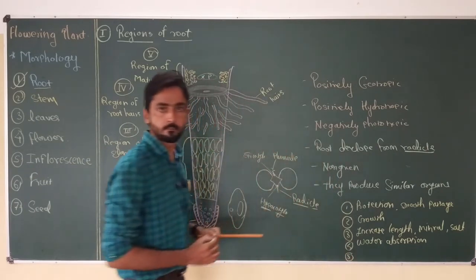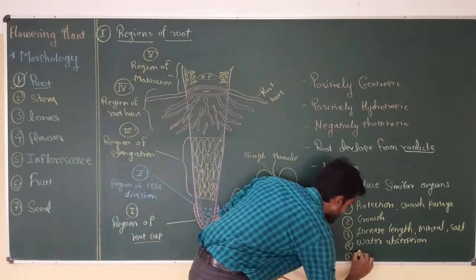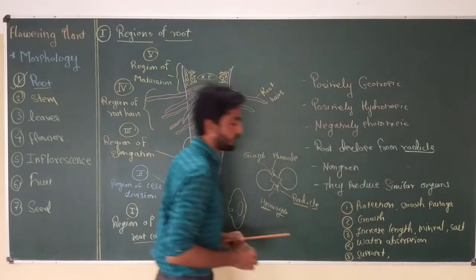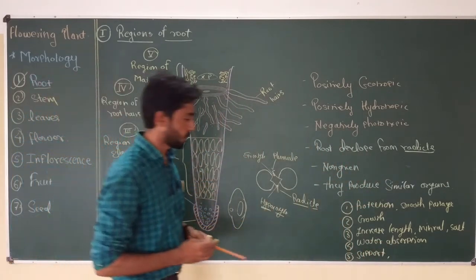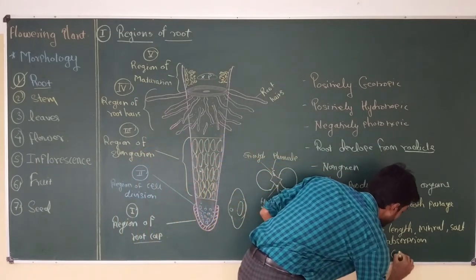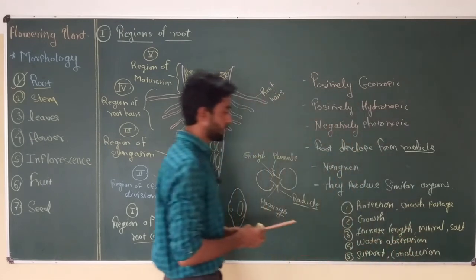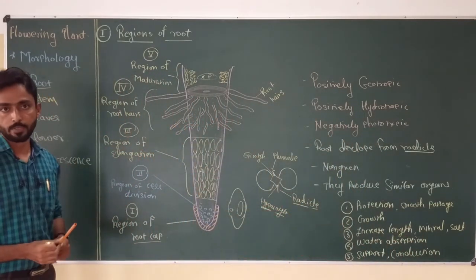Number 1 is anchorage of the plant body in the soil, that is support. And second, conduction of absorbed water and minerals up to the base or up to the stem. Okay, so these are the important functions of different parts of the angiospermic root.